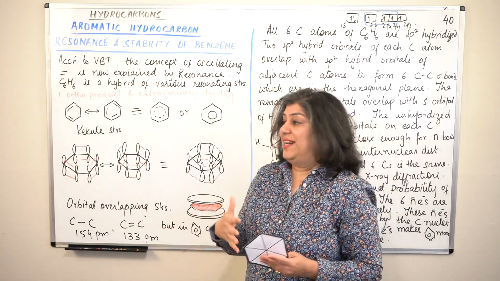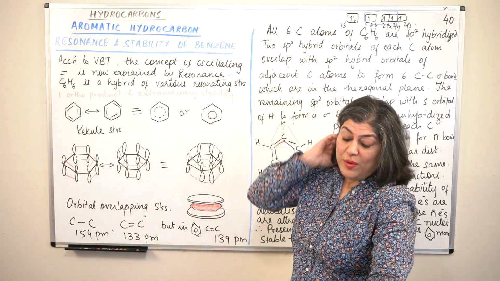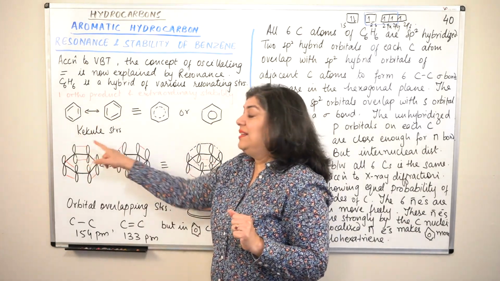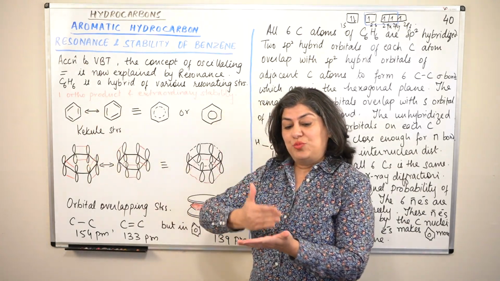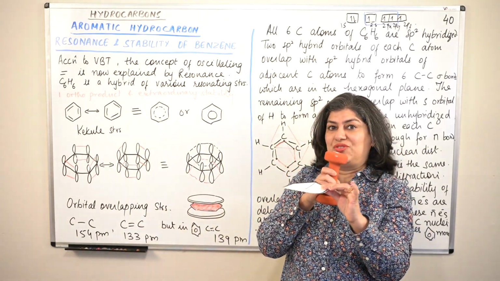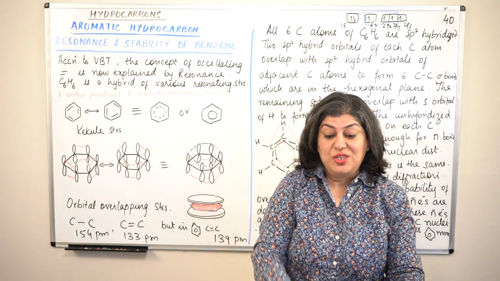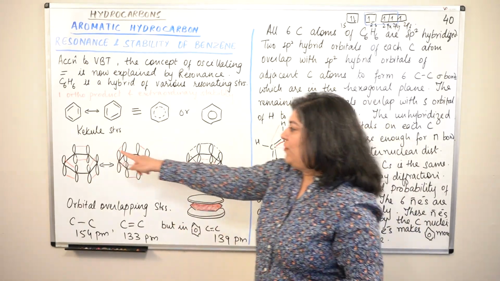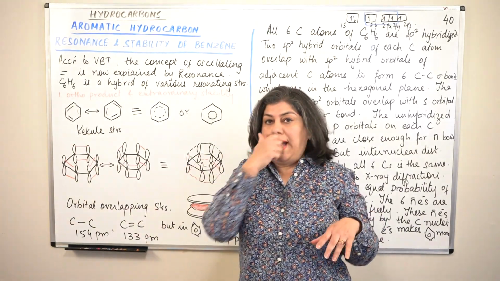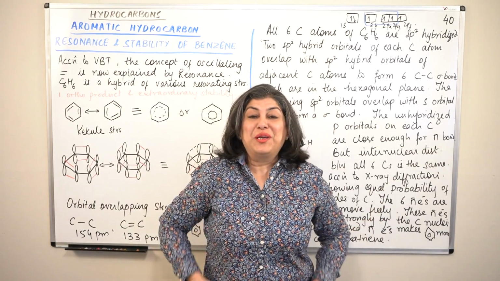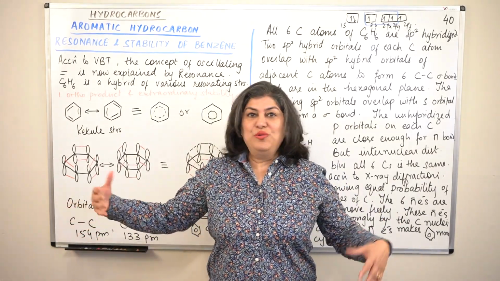Since all bond lengths were equal, it was now imagined that these electrons in the p orbitals, which are above and below the plane of the structure, do not form double bonds as such. They do not form double bonds with one neighbor, and the alternation of the double bonds does not take place. You can imagine that you have two friends.